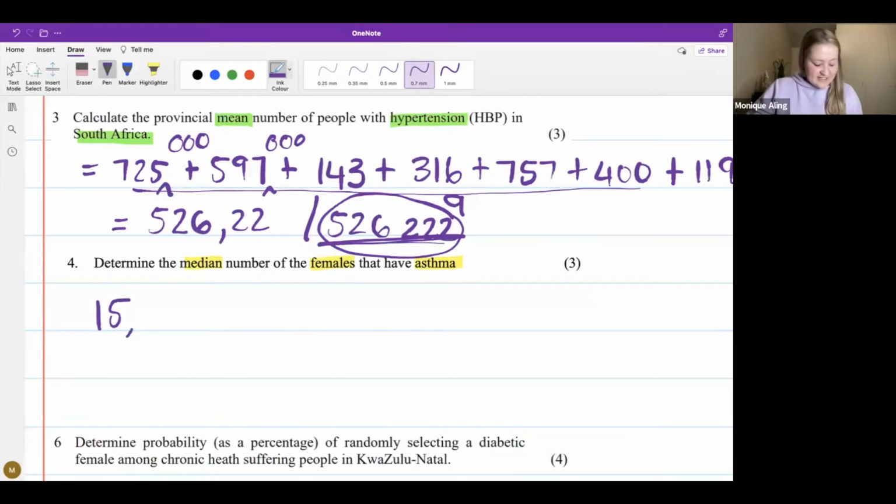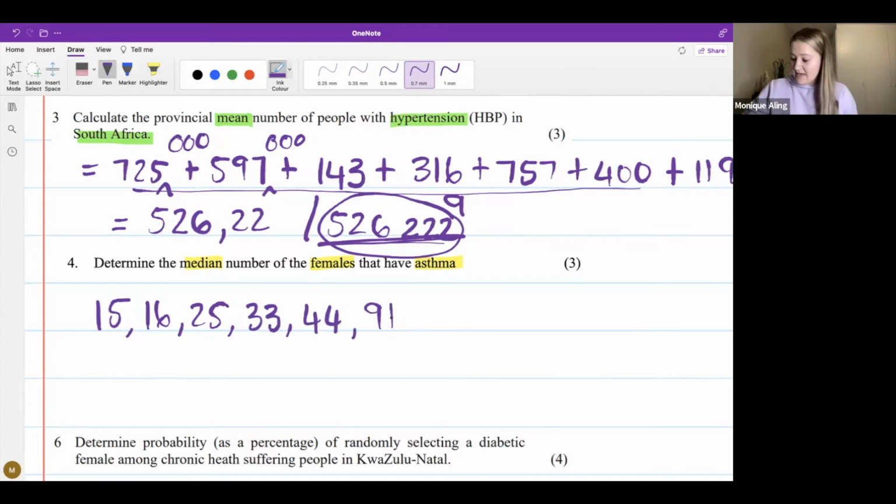The correct order is 15, 16, 25, 33, 44, 91, 101, 12, 157, and then you find the middle one, which is indeed 44.